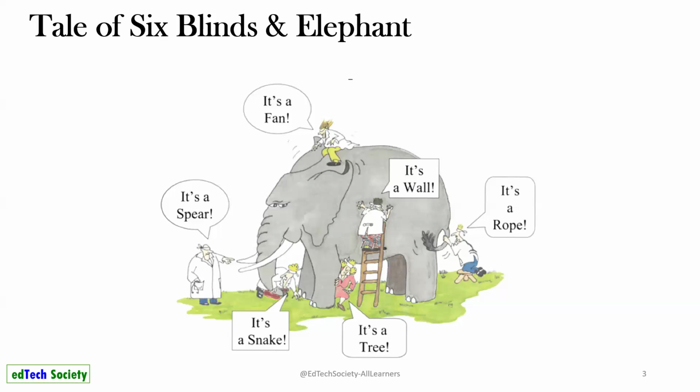Here, as you can see, one blind person thinks the tusk is a spear, the other thinks the ears are like a fan, the trunk they felt like a snake, the legs are like a tree, the body is like a wall, and the tail is a rope. So basically, it's a viewpoint for every person, or every stakeholder.